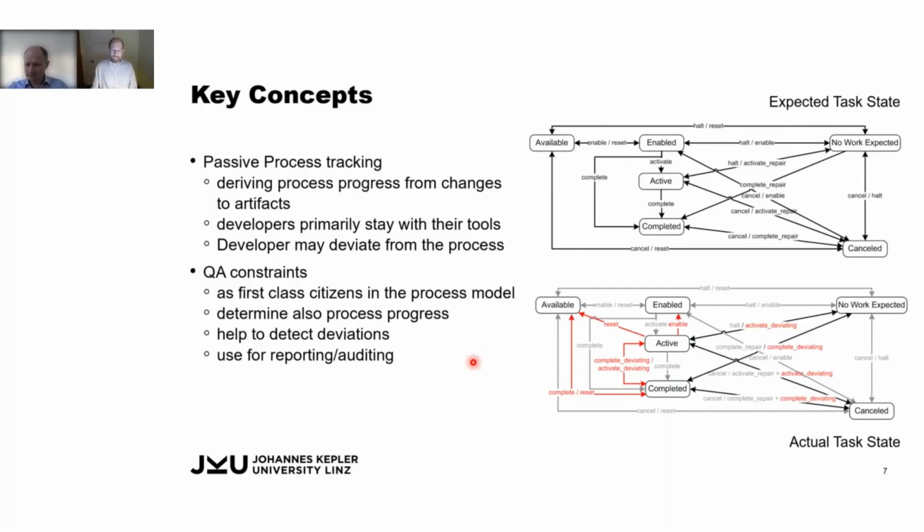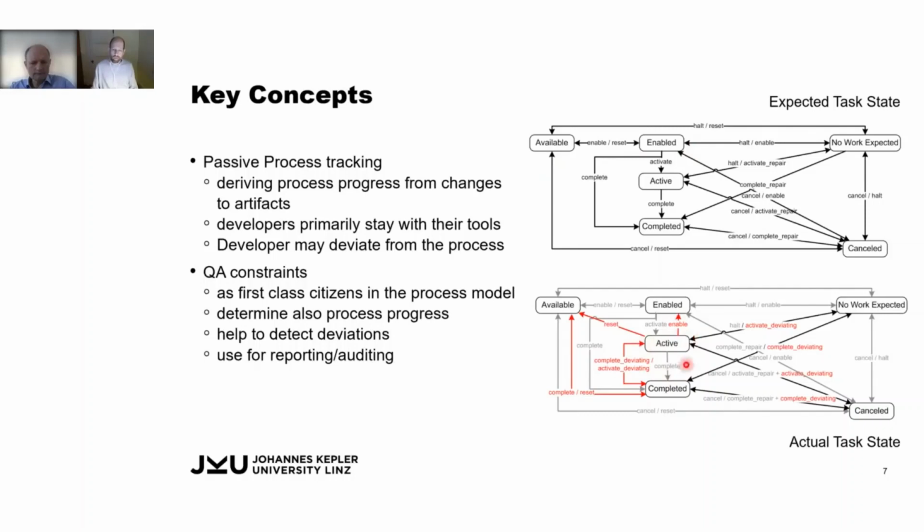And what we do then is, for each step in the process, we track roughly what the supposed state is. For example, is it available, or is it enabled? Are the preconditions fulfilled so that it should be worked on? But if this is not the case, we also track whether we have indications that somebody is already working on it and that it's already active.